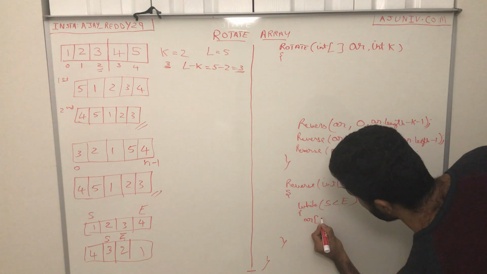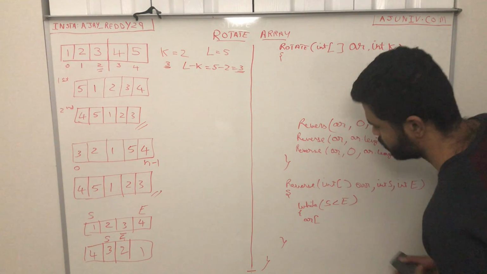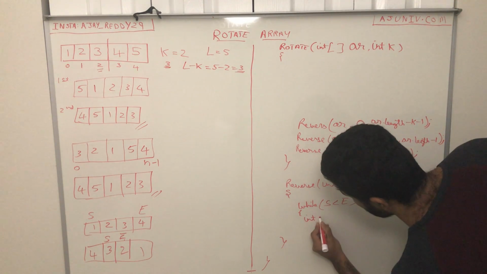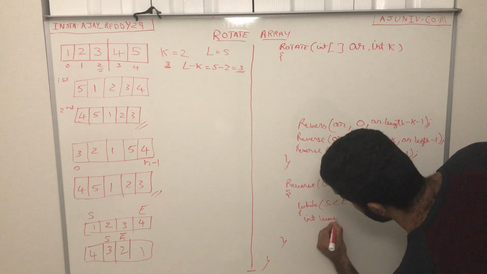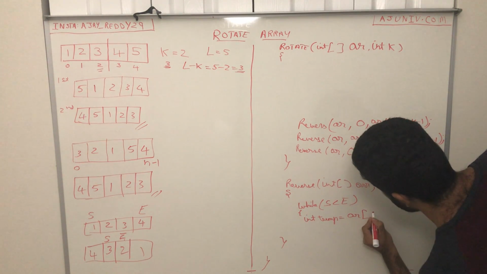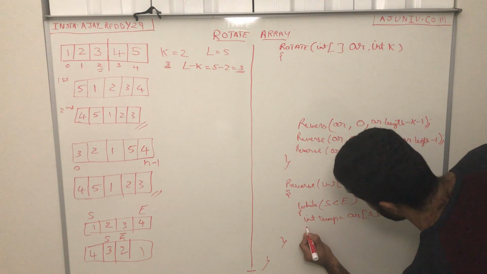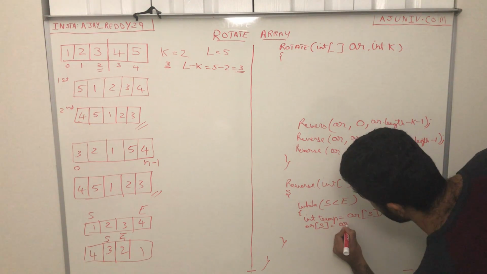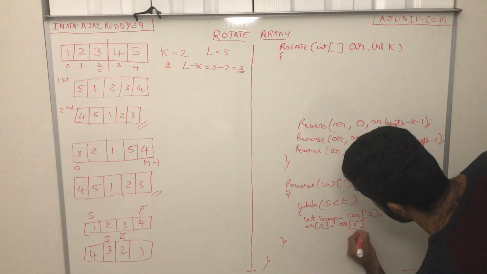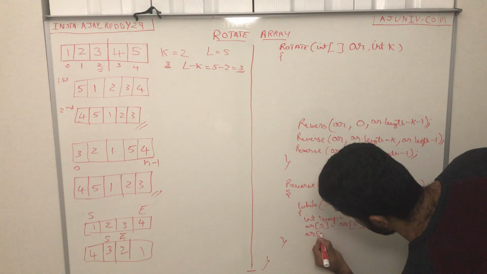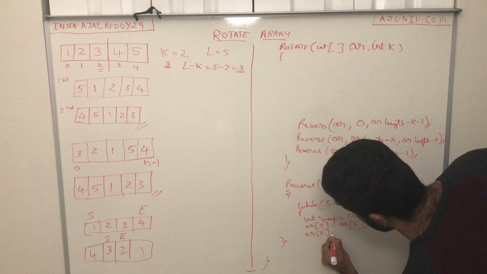For swapping we can take a temporary variable, and I will store arr of start in this, and now arr of start would be arr of end, and arr of end would be the temp.